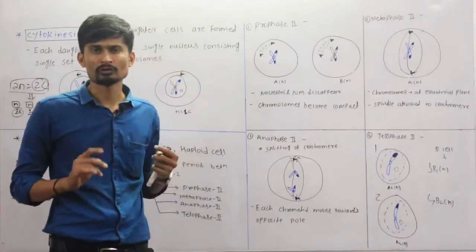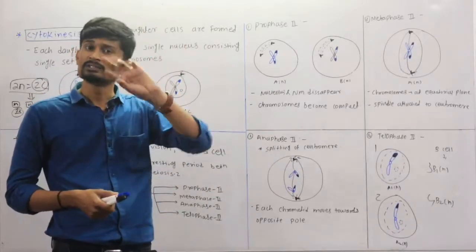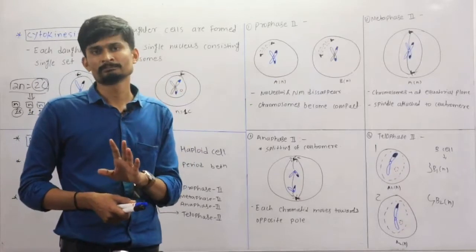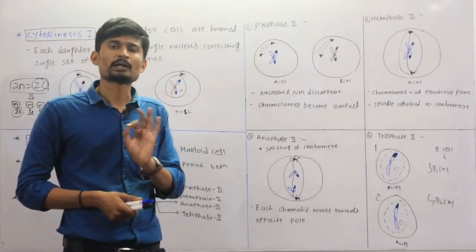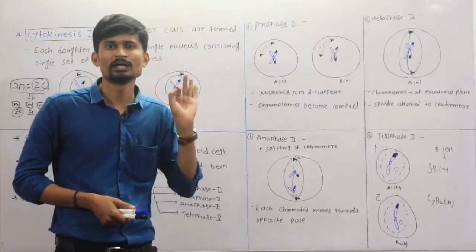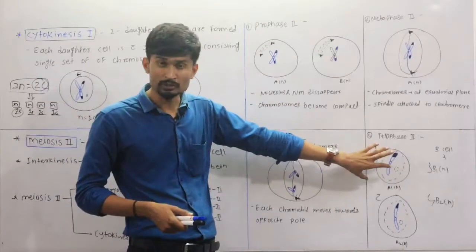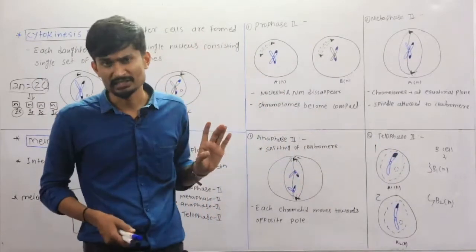Due to crossing over, there is exchange of genetic material, and now each cell has exchanged chromatids, and that's why each cell has different characteristics, different genes, different combinations of genes. That's why meiosis produces variation.